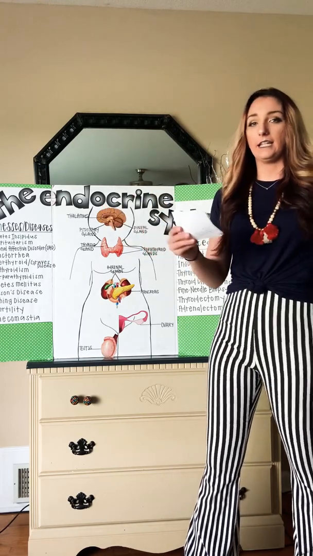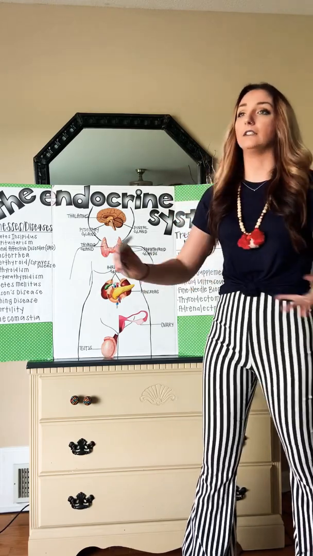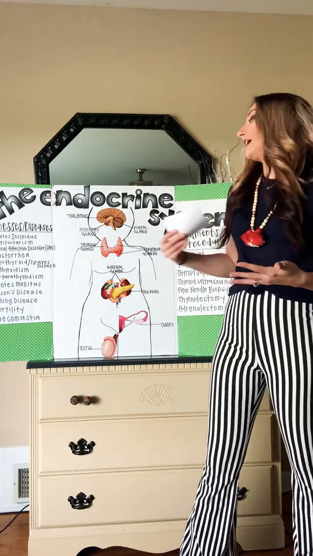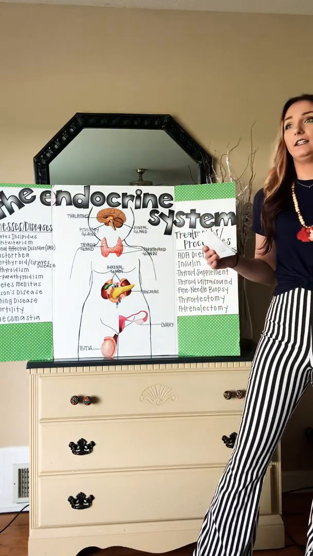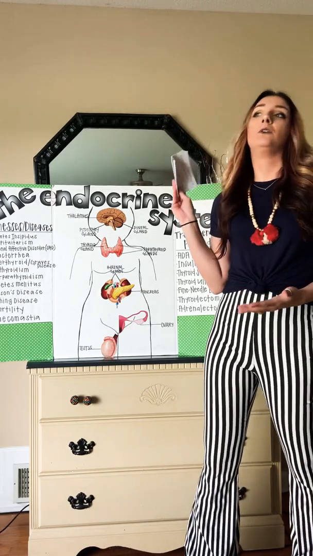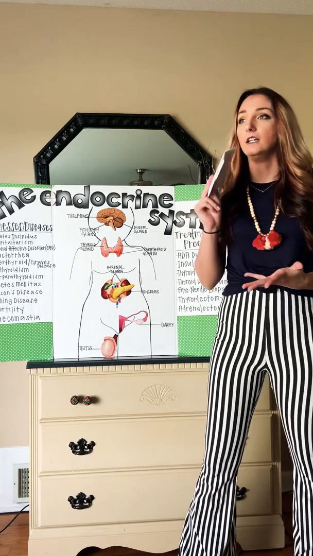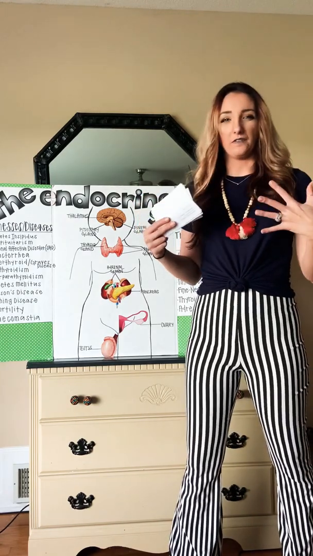TSH is your thyroid stimulating hormone, which, if you read it and listen to it, stimulates the hormone. So when you have an excess of this hormone, your thyroid is overactive, and it can cause you to have weight loss, palpitations, feel anxious, anything that you might feel nervous about.